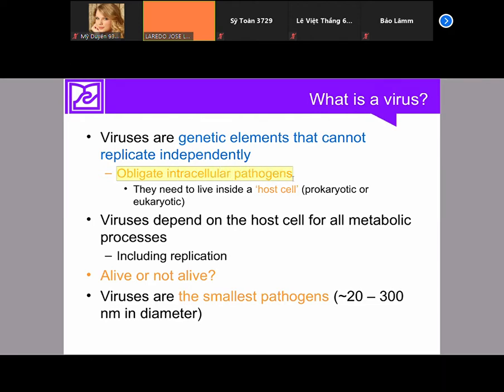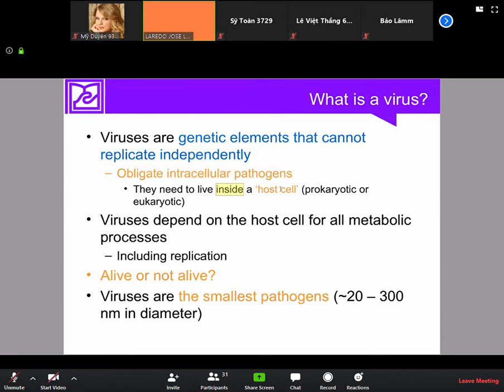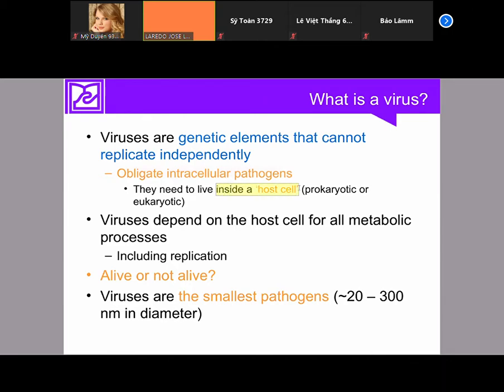They can only replicate, they can only live inside a host cell only. This host cell may be either a prokaryotic cell or an eukaryotic cell.